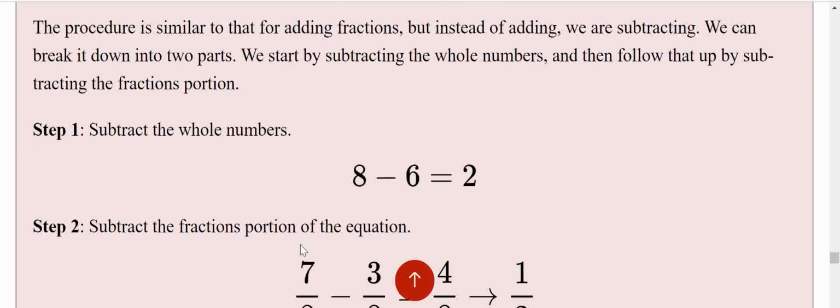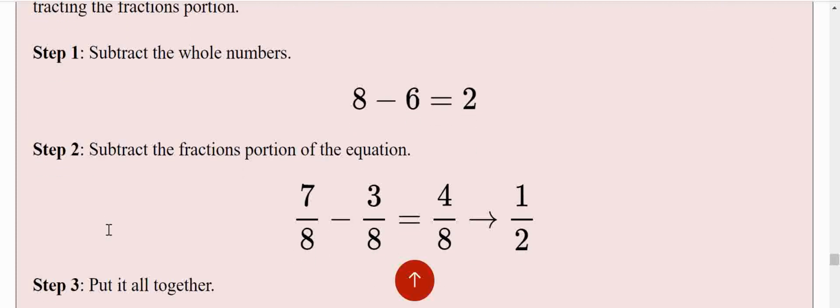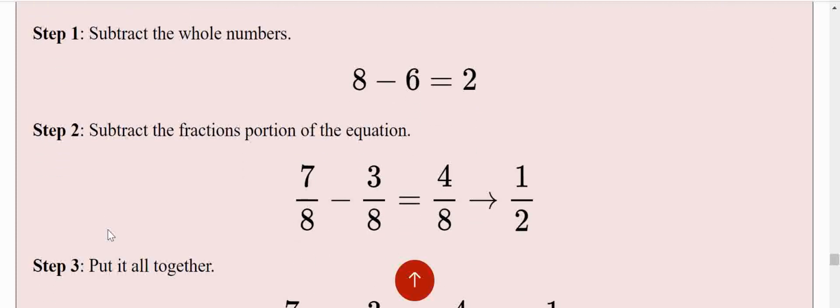Step 1. Subtract the whole numbers. 8 minus 6 equals 2. Step 2. Subtract the fractions portion of the equation. 7 over 8 minus 3 over 8 is equal to 4 over 8, and that simplifies to 1 over 2 by dividing what?